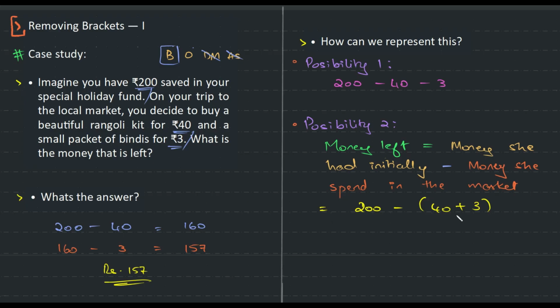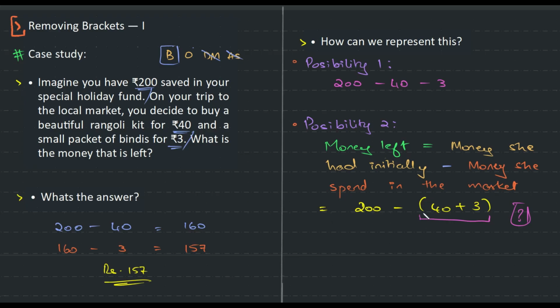That's one of the ways of looking at it. So 40 plus 3, that's 43. 43 rupees she has spent. So we end up with 200 minus 43. That will also give us the same answer. Is it not? So here we can see we have used brackets to represent the situation. Now, remember, both of them have to give the same answer. So how do you solve it is what we are trying to understand.